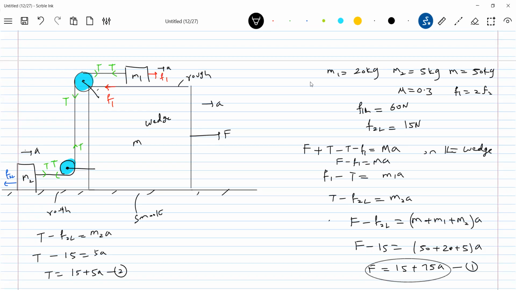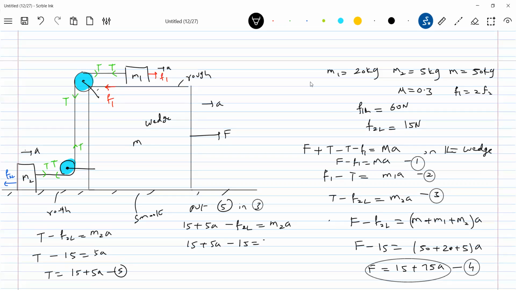So I'll do one thing. I'll give the numbers 1, 2, 3, 4. Substitute 5 and 3. So this should be 15 plus 5a minus F2L equals M2A. The value of F2L is 15.